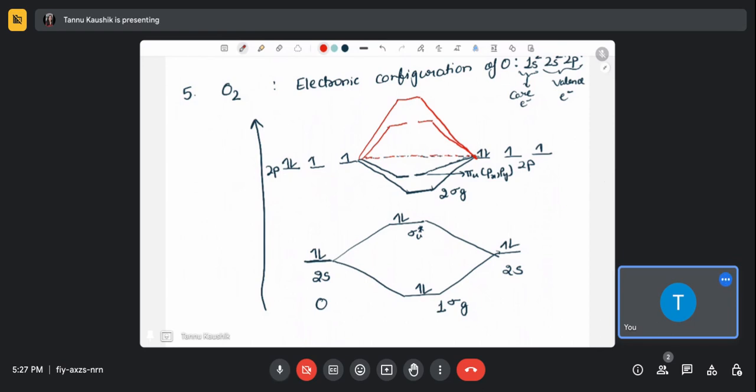So the lower the bonding molecular orbital is in energy, the higher will be its anti-bonding molecular orbital. So that's why we have this 2 sigma u star as highest energy, and this pi g star lower in energy as compared to sigma u star.